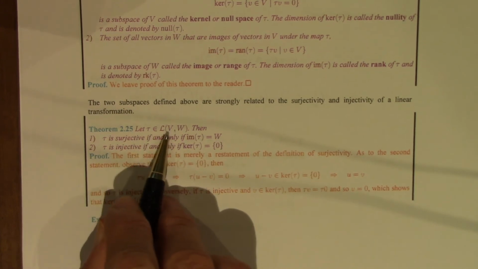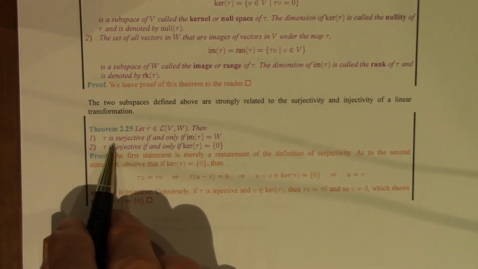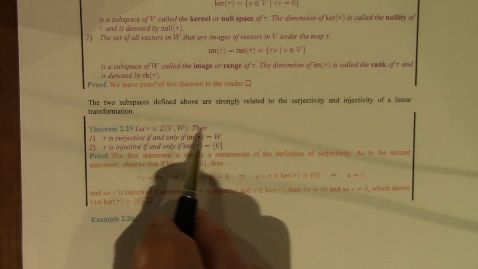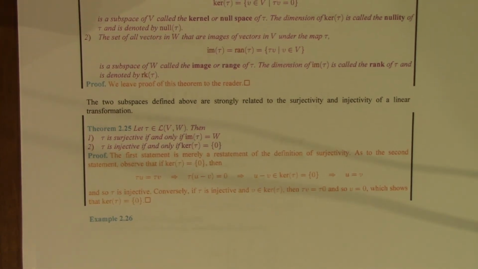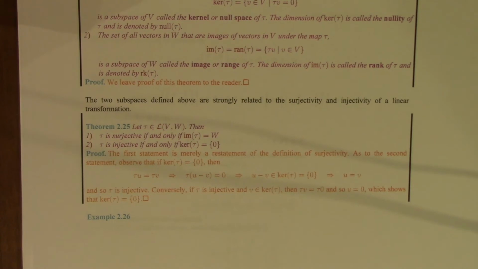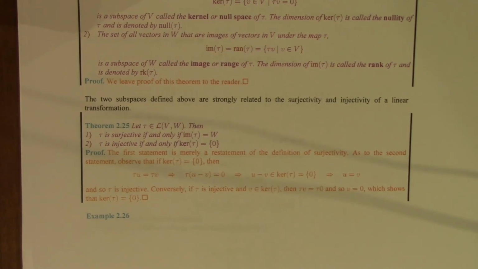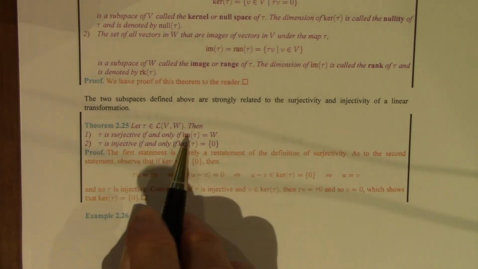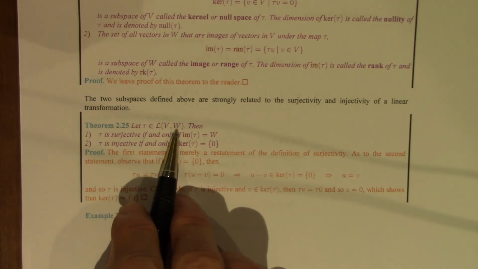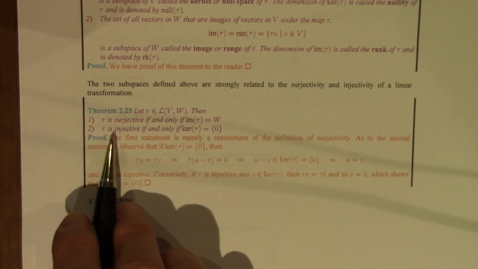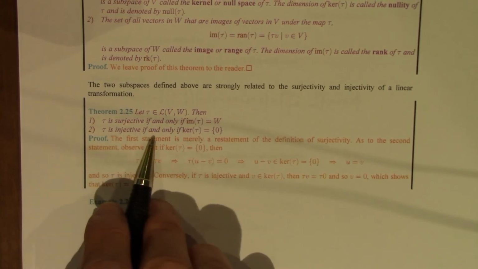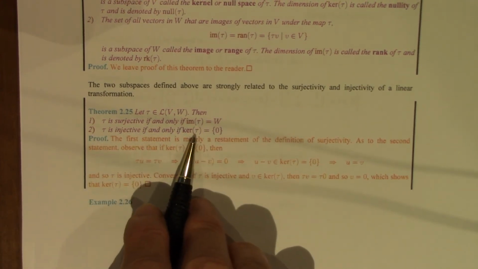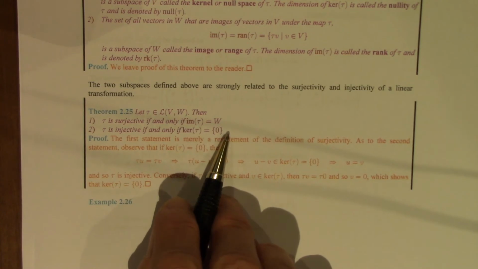Tau is a linear map from V to W. Tau will be surjective if and only if the image of tau is W. That's got nothing to do with linearity. That's simply the definition of a surjective function. Its image is equal to its codomain. This is the more interesting part. Tau is injective if and only if the kernel of tau is 0.